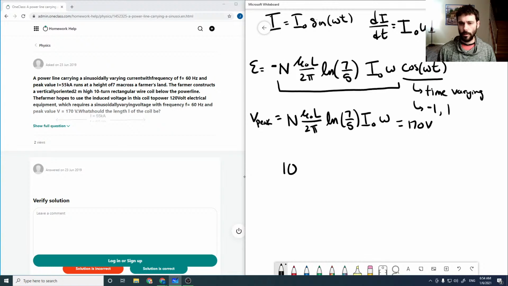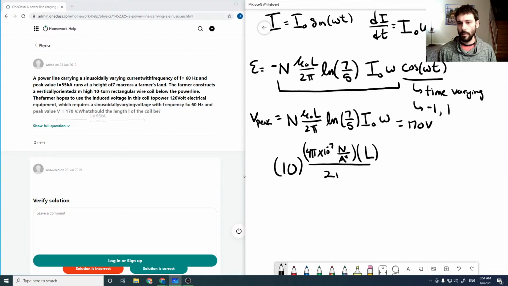So there's 10 turns of coil, so N is equal to 10. Mu naught is a constant, so it's just 4 pi times 10 to the -7. I better not drop units. 4 pi times 10 to the -7 newtons per amp squared. L is our length, which we are solving for, so I'll just leave it.